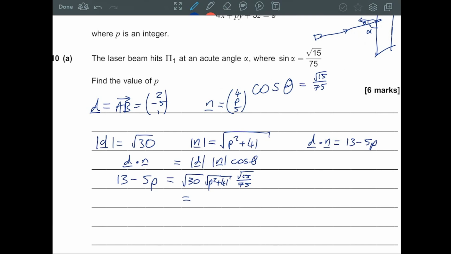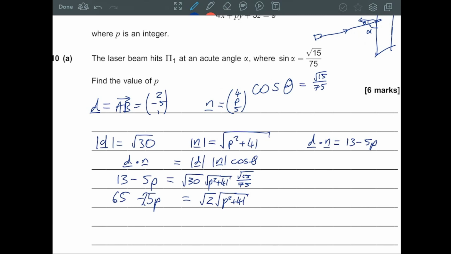Okay, one thing I noticed is I've got a root 30 and a root 15, which is going to leave me with a root 2. And that 15 cancels with the 75, leaving behind a 5, which I can multiply up. Actually multiplying both terms up. Okay, and again, you would do that in your calculator. Root 30, root 15 over 75 would give you root 2 over 5.